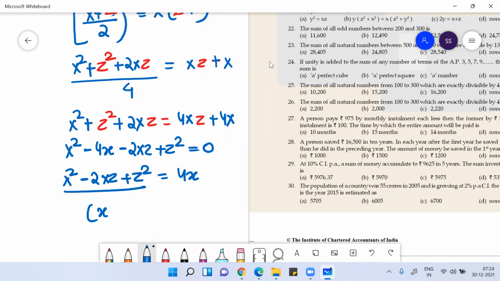So this will be (X minus Z) whole square is equal to 4X.